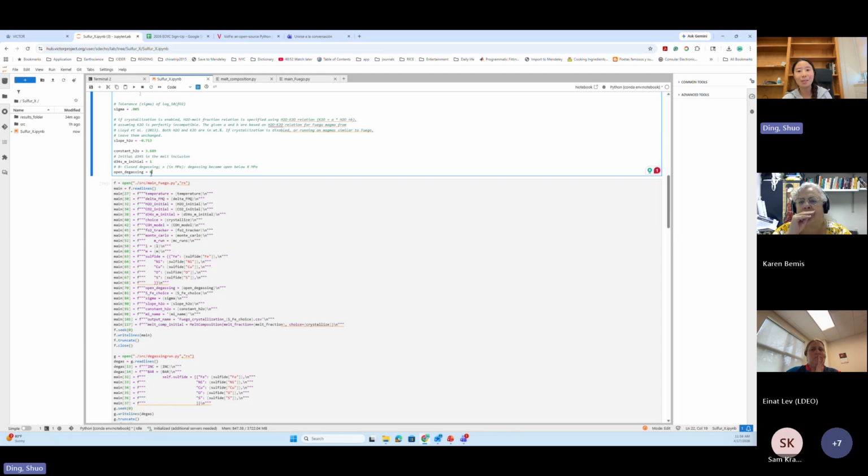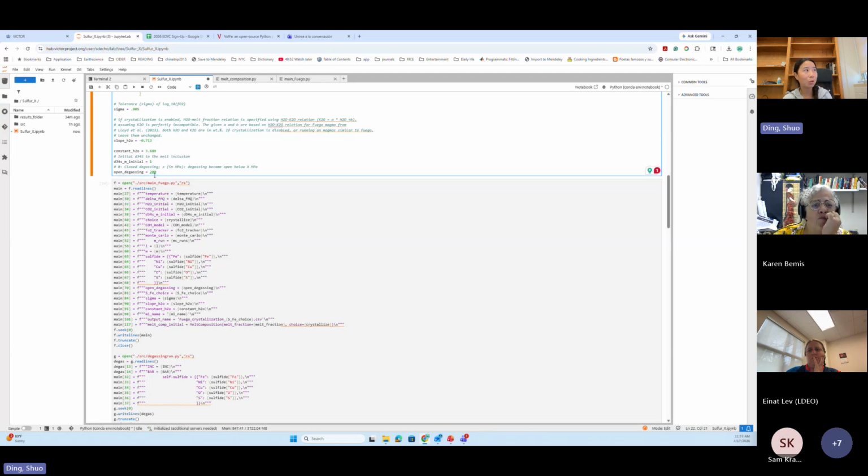If we say 0, that means it never opens, so we're modeling closed degassing. But we can put, let's say, 200, in megapascal. That means we model from the saturation pressure, asking the magma to degas until 200 megapascal, and then you switch to open degassing.